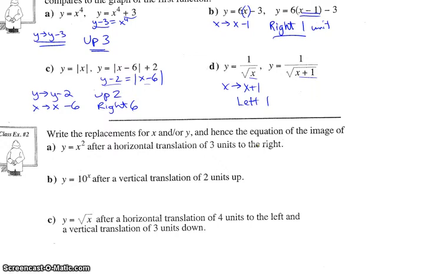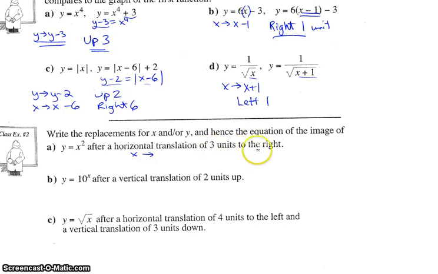Okay, let's look at example 2. Write the replacements for x and or y, and hence the equation of the image. They're giving us what the translations are. We need to come up with what the new equation looks like. So I would suggest, and they tell you in the question as well, to write the replacements. So let's read this. y equals x squared, after a horizontal translation, so horizontal means x is going to be replaced.